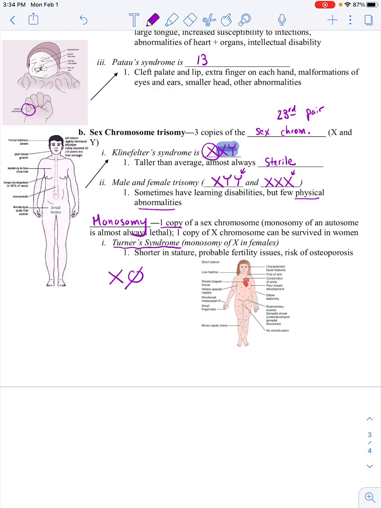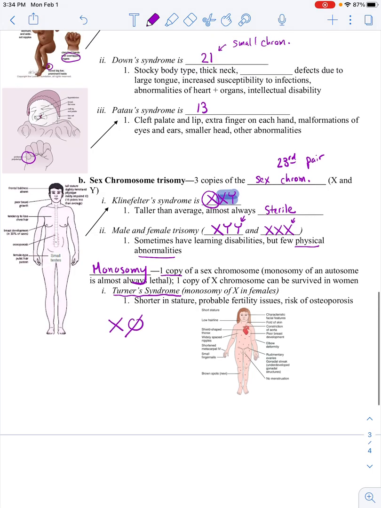She was a little bit shorter than average. She, again, could not have children. She had some bone issues. But other than that, she was leading a very normal life. But she was missing an X chromosome in all of her cells. So that is the only survivable monosomy. You can't have an autosome and only have one copy of it.